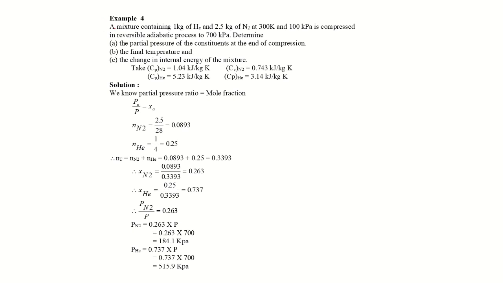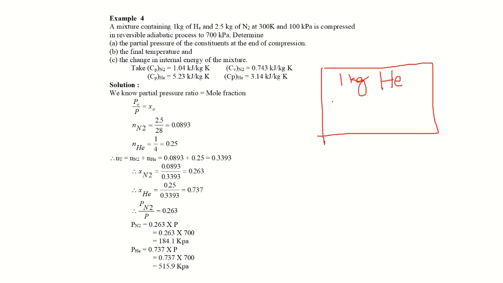Let us work out another example. Take a vessel. A mixture contains 1 kg of helium, 2.5 kg of nitrogen, the temperature is 300 K, pressure is 100 kilopascal, small k, capital P a, Pascal, right.